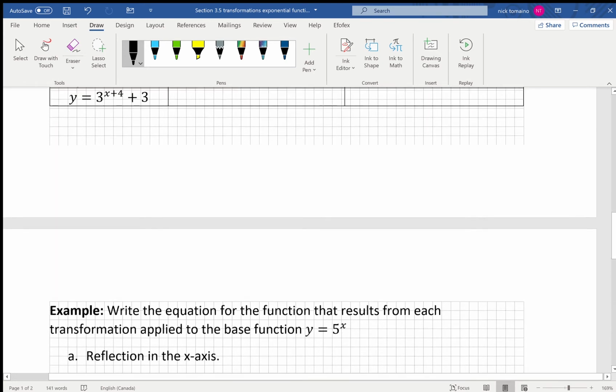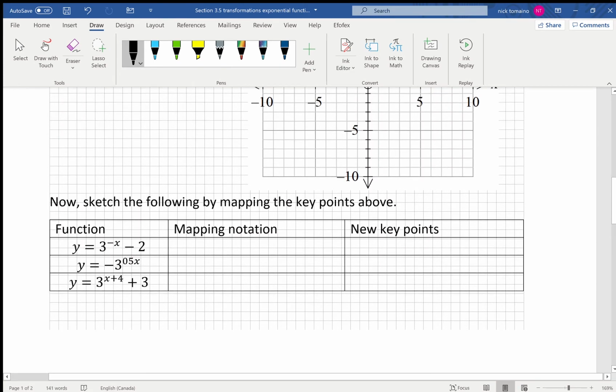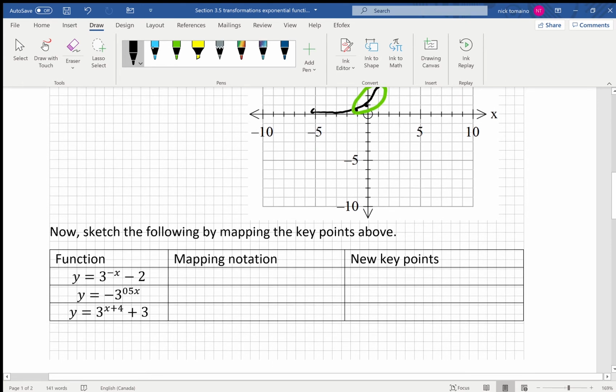So for these ones right here, I say to sketch the following by mapping the key points above. Okay, so I'll get rid of that. I'm not going to do all of them. So right here we have a reflection in the y-axis down 2. So what's going to happen is the x values are going to become -x and the y are going to be y minus 2.